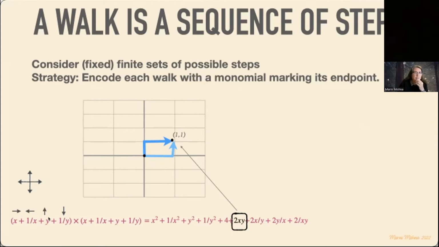So what do I mean by that? If I multiply this twice, I get an inventory of all the walks of 2 steps, and I see I get 2xy, and this is from going this way and this way, and this way and this way, and ending at the point 1, 1. So this is x to the 1, y to the 1, and I've got 2 ways to do it, and I can capture that by just multiplying these terms.